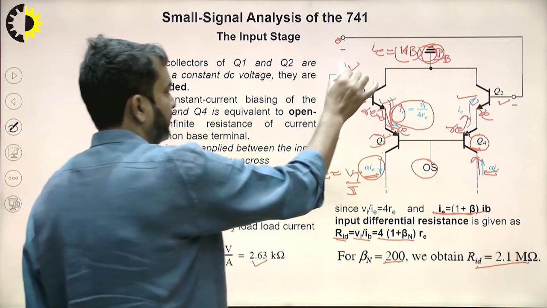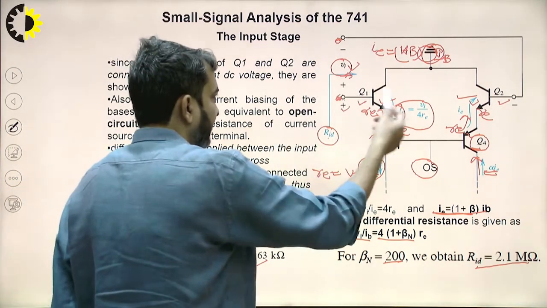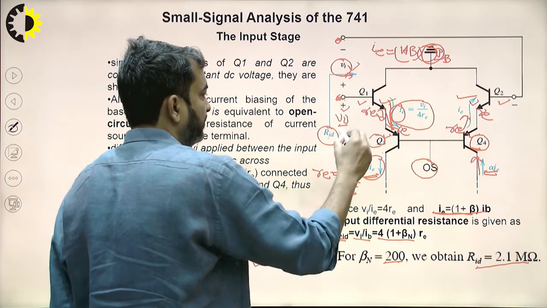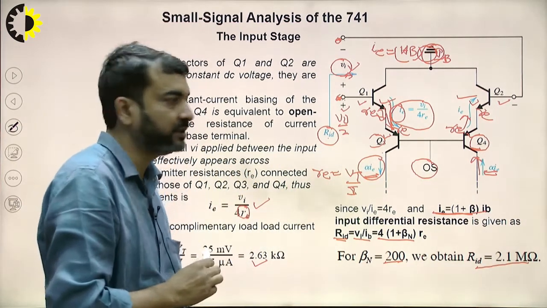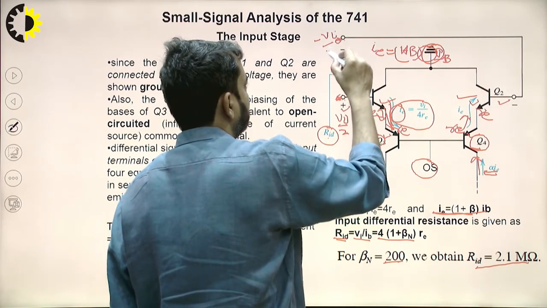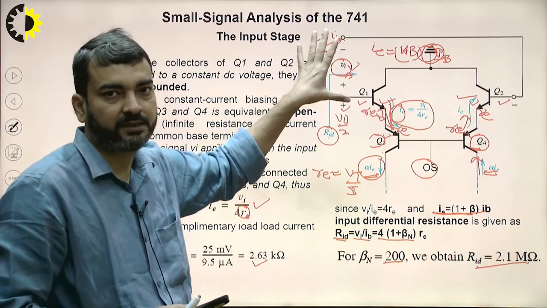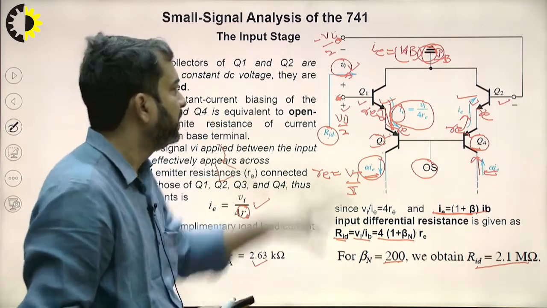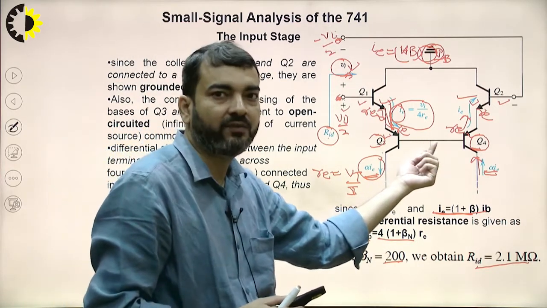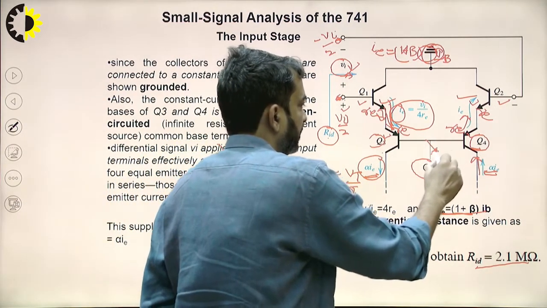Means if we have a differential voltage of Vi, then applying the input in a complementary way means we will apply Vi by 2 at this positive port and minus Vi by 2 at this negative port. So the net differential voltage will remain the same, that is Vi. But what is the advantage? If we are applying the inputs in a complementary way, this point will be at virtual ground. So this will also be grounded.